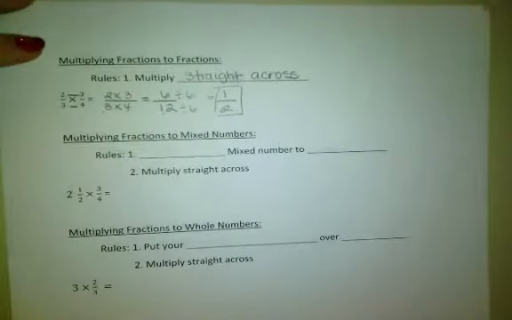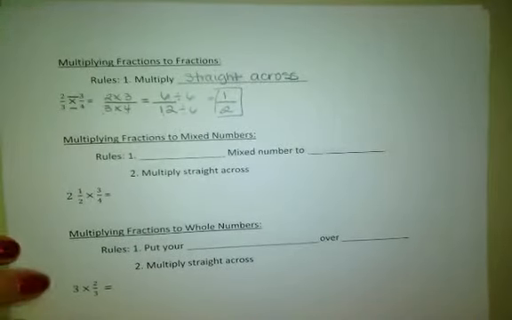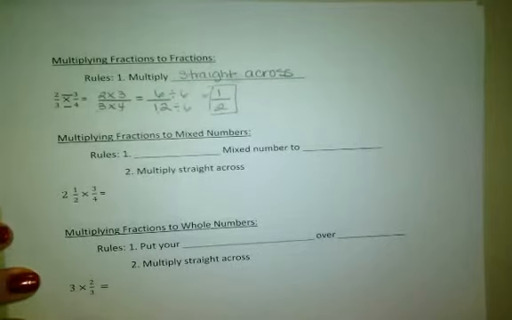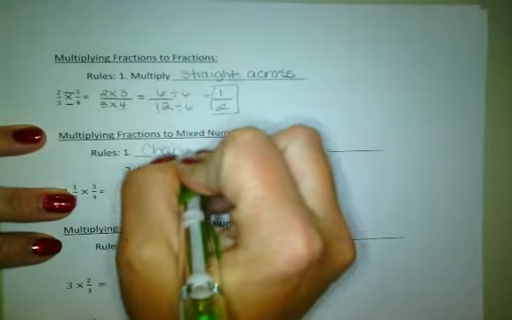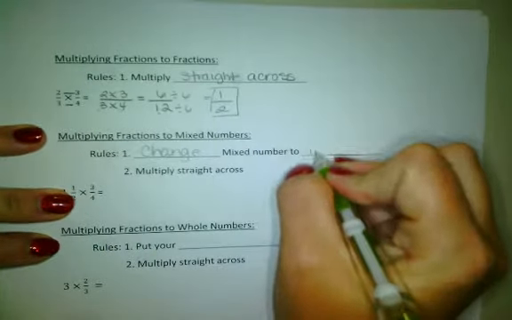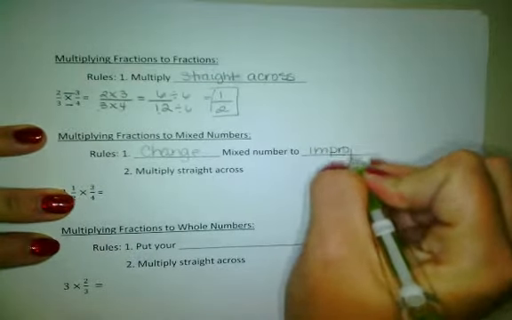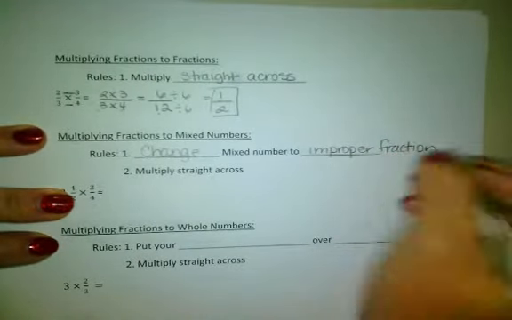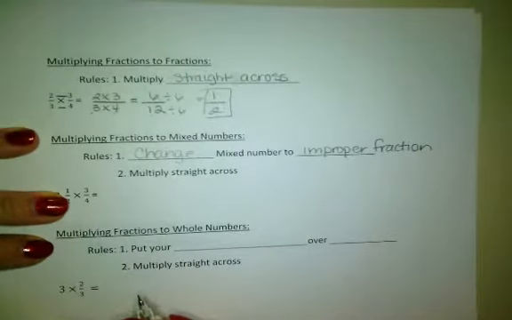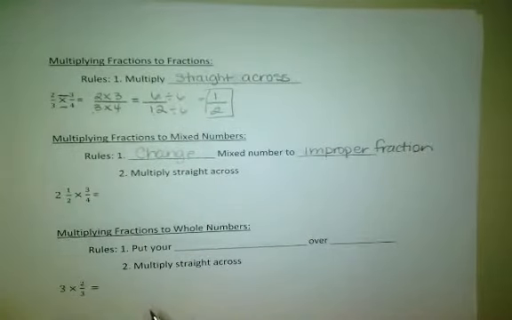Okay? Now, on the next one, when you're multiplying fractions to mixed numbers or vice versa, your rules should always be that you change the mixed number to an improper fraction. It's just easier to work with, guys, okay? So always make sure that you change the mixed number to an improper fraction and then multiply straight across.